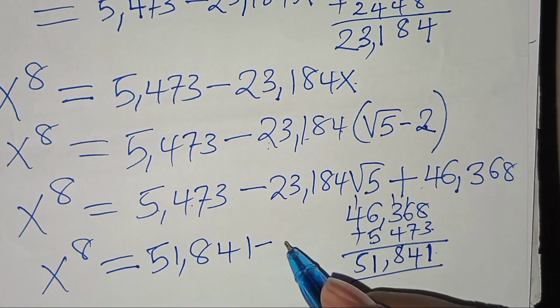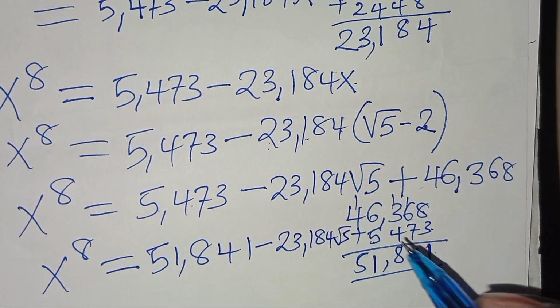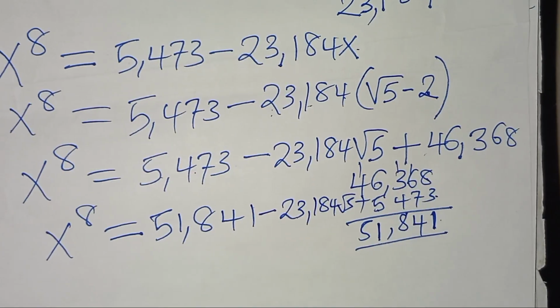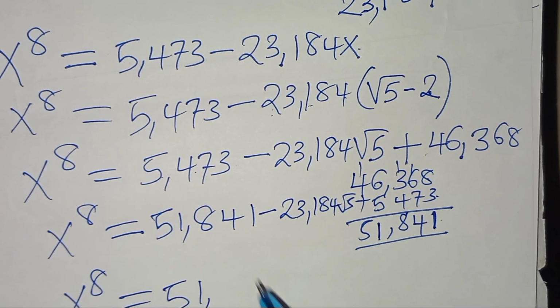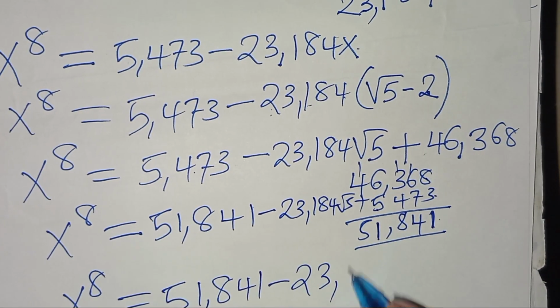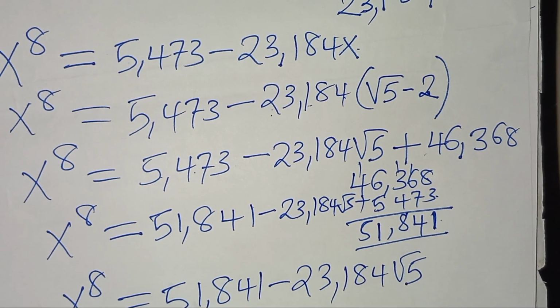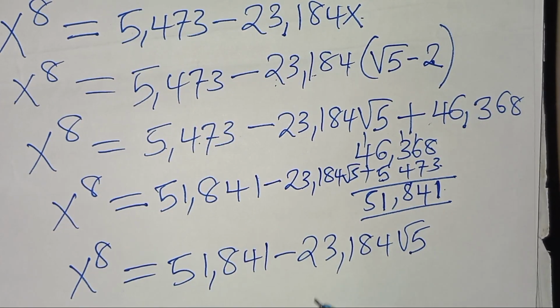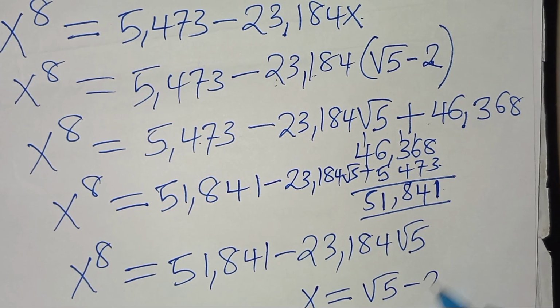subtract 23,184 square root of 5. Okay, so x to the power 8 is equal to 51,841 subtract 23,184 square root of 5. So this is the value of x to the power 8. But what is x? We are saying that let x be equal to square root of 5 subtract 2.